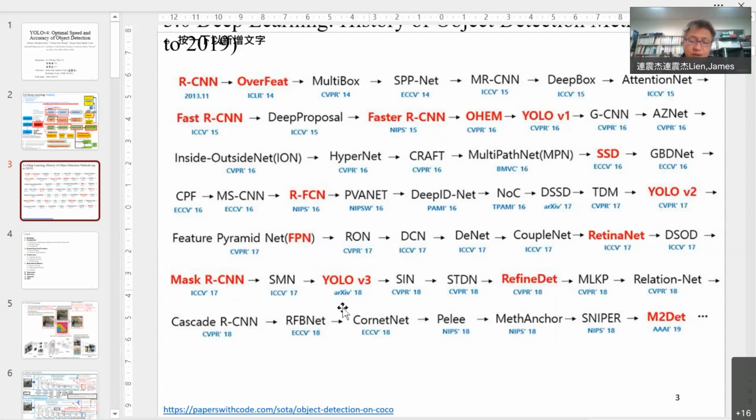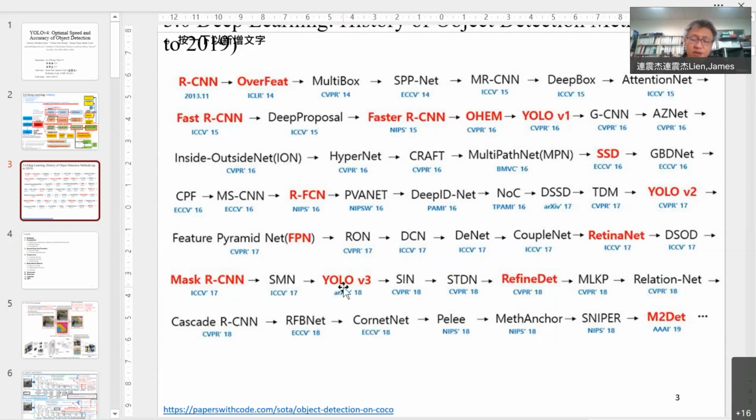And YOLO V3, probably I'm wrong, but my opinion is that YOLO V3 got a concept from RetinaNet. YOLO V3 has upsampling and a feature pyramid network.